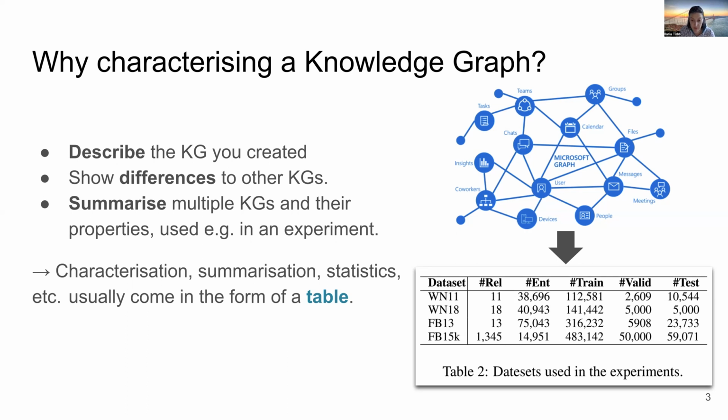Usually this information comes in the form of a table, whether this is a characterization, a summary, or statistics, involving the number of relationships, the number of entities. So you try to give information to the readers about the knowledge graph that you are working on.